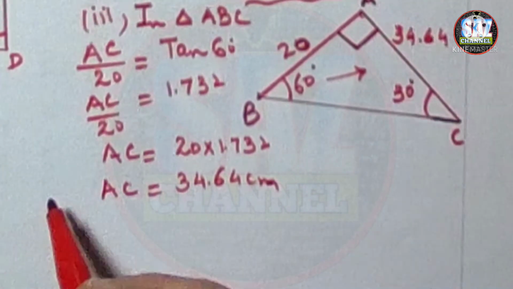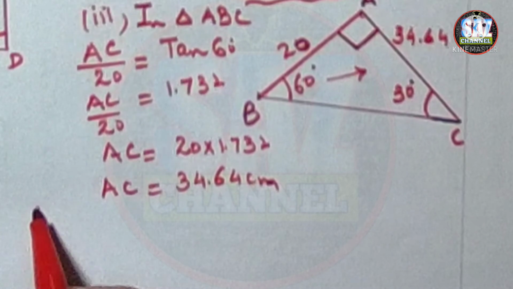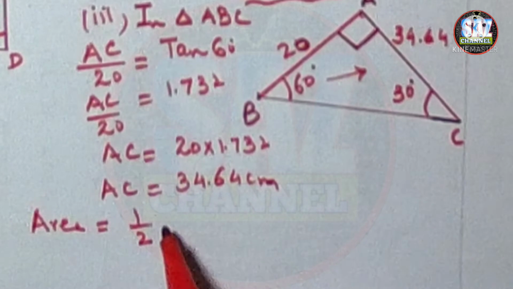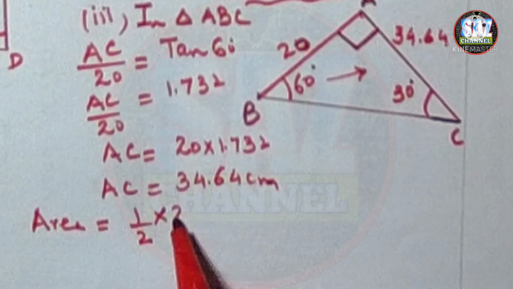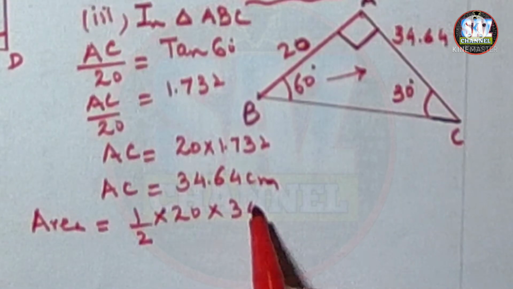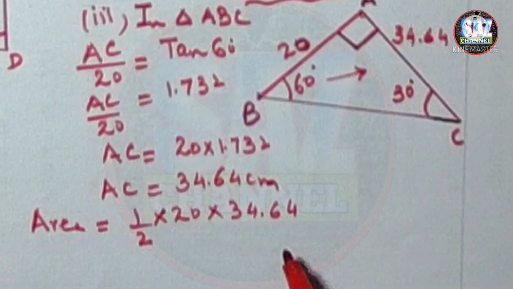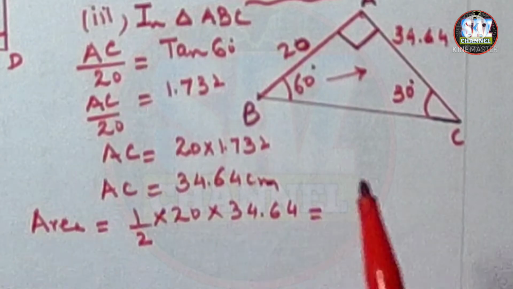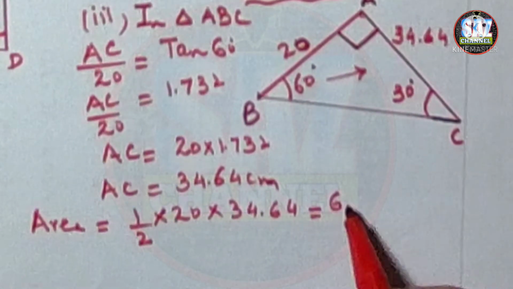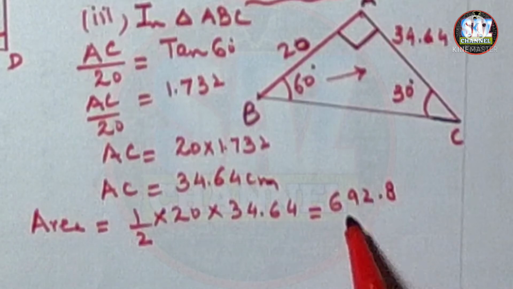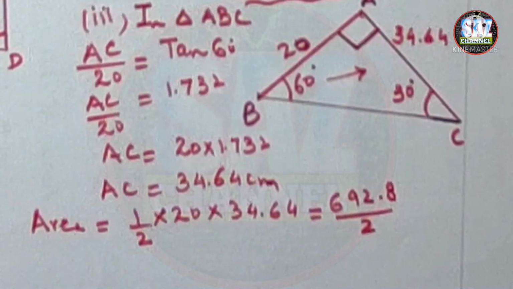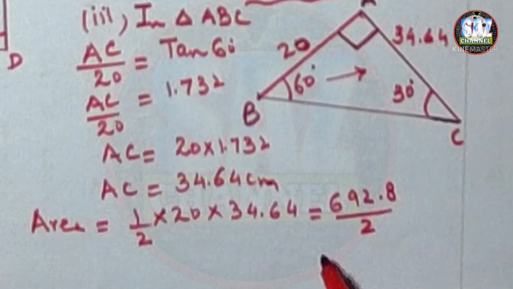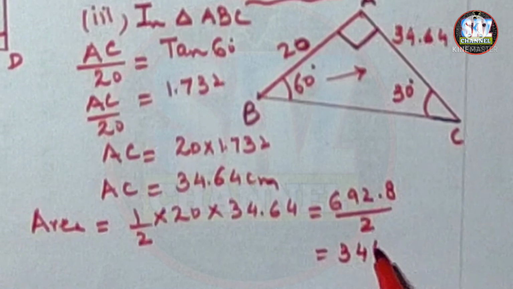Now the actual requirement of the question, which is the area, will be equal to half into base 20 multiplied by height 34.64. 34.64 multiplied by 20 gives me 692.8. Divided by 2, this gives me 346.4.